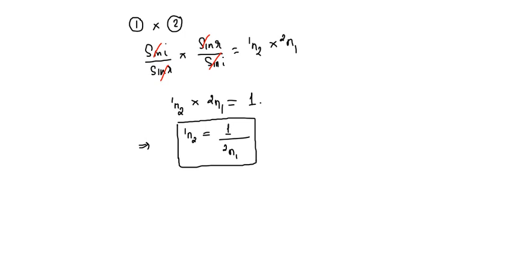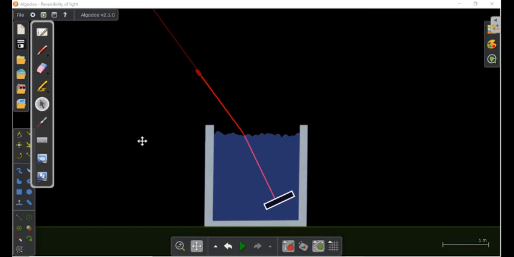I will show you one demonstration in the physics engine. Here you see I have set up the same environment. I have used a vessel filled with a liquid of a certain refractive index, and this is a mirror. And there is a laser which I have kept as the source of light. Now I am going to rotate this, see what happens when I rotate.